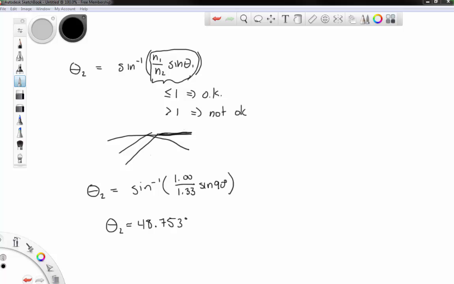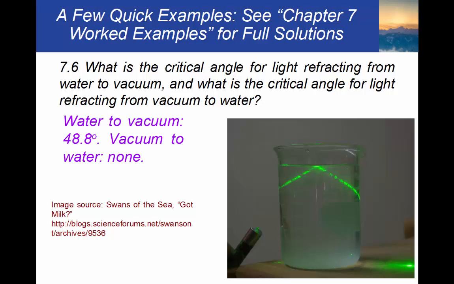Excuse me, 48.75 degrees. So that means that if you're going from water into vacuum, then the maximum possible angle that you can take and still get a refraction is about 48.8 degrees.